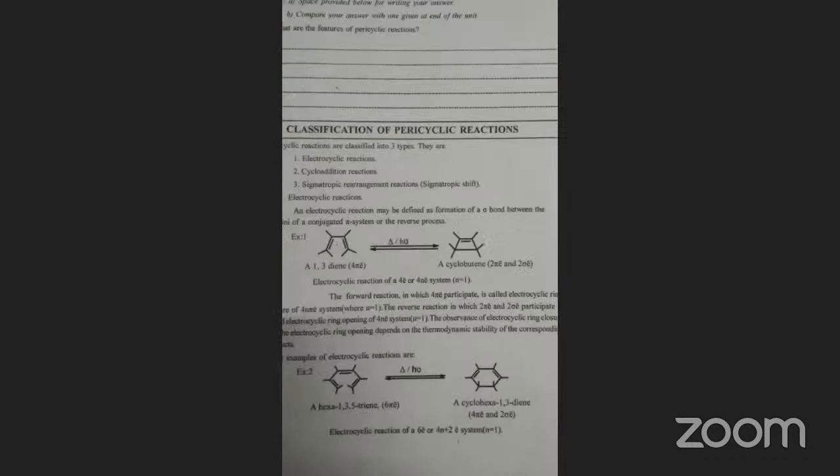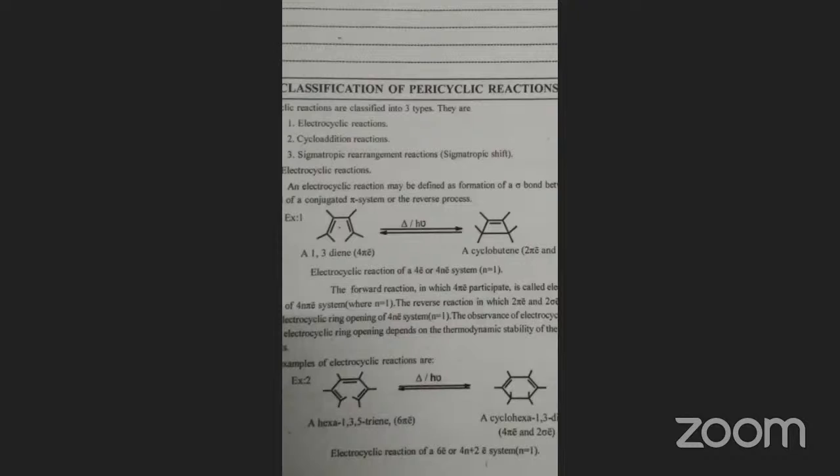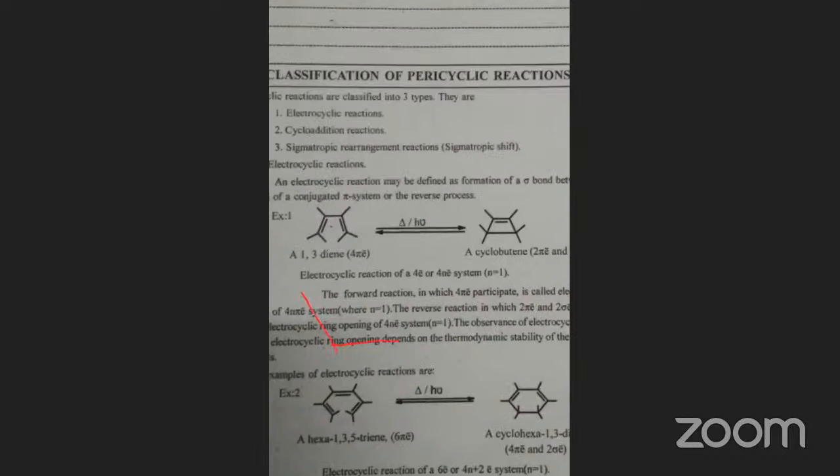Let us take the mechanism. We take 1,3-butadiene like this. This is the first carbon, this is the second carbon, this is the third carbon, this is the fourth carbon.